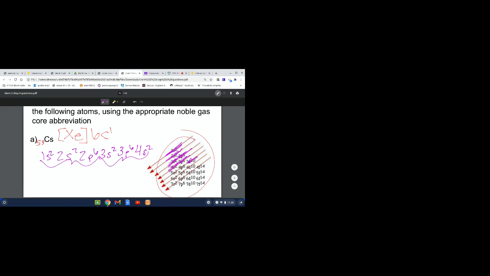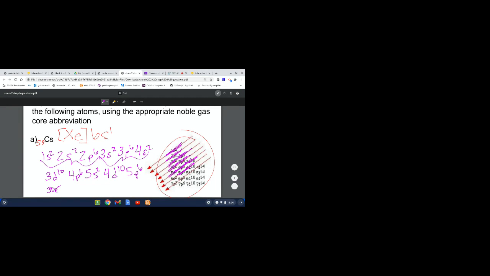So far, I have 10 here and 10 here. I have 20 electrons total. 3d10 is next. So that means I have 30 electrons at that point. 4p6, 5s2, 4d10, 5p6.